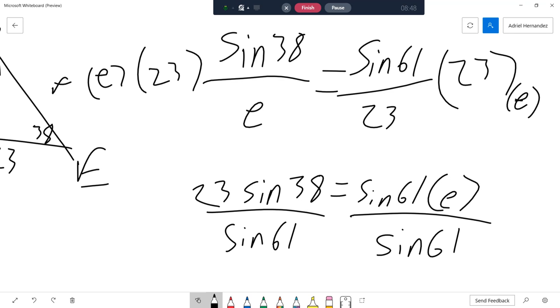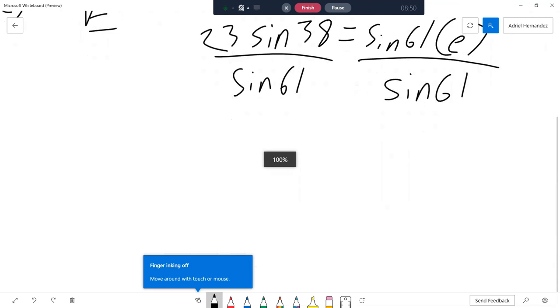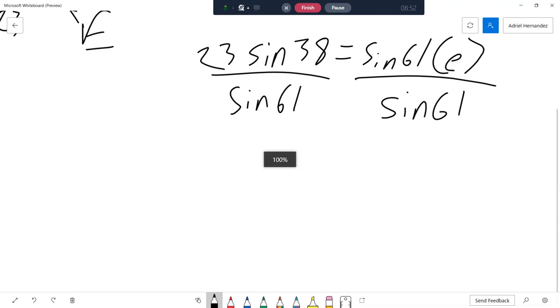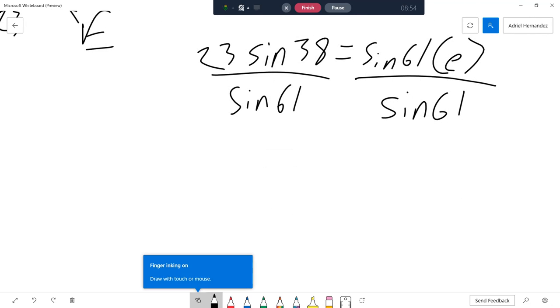And so in IB, if you plug it into your calculator, it's going to give you 10 digits, because graphing calculators only give you up to 10 digits.